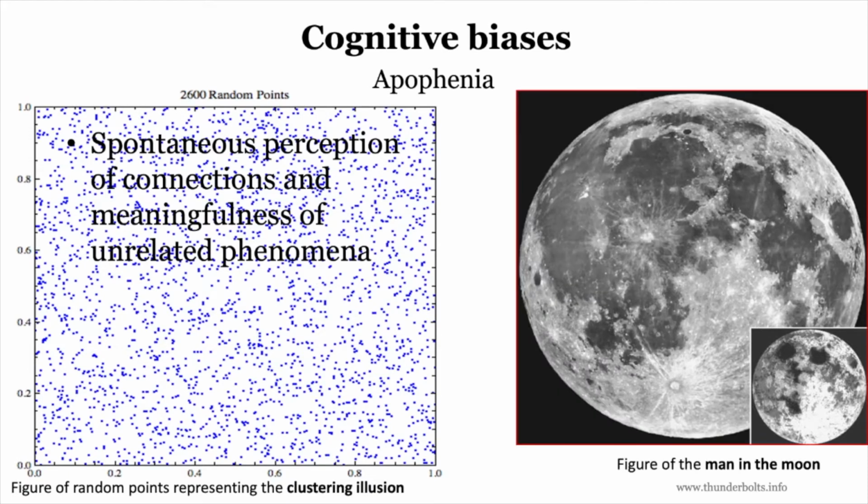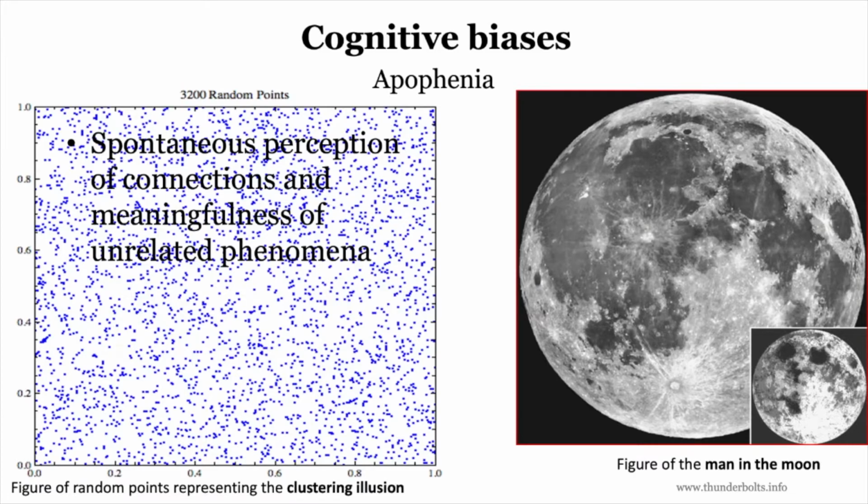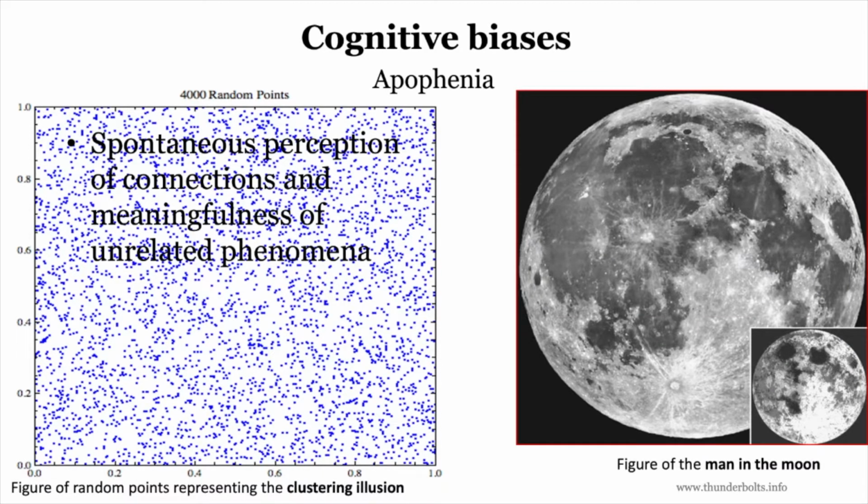You can see this also when some people can see a face in the moon. They see a man in the moon. That's just part of our brains. We're looking for faces in things. So we see a face there. Some people do. But of course, no one drew a face on the moon. And again, these are random points on this left-hand plot. So there is no relationship.